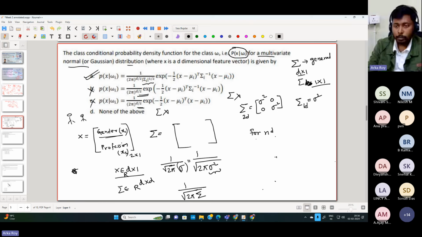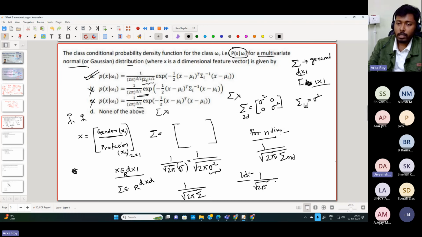for the n-dimensional case, it is 1 by root over 2 pi sigma n-dimensional, right? Now, in the case of 1D, the value of capital sigma 1D is how much?